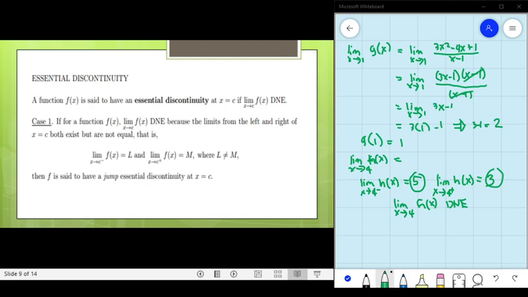That is, the limit of f of x as x approaches c from the left is L, and the limit of f of x as x approaches c from the right is equal to M. So L is not equal to M. So we can say that f is said to have a jump essential discontinuity at x equals c. So this case is what we call a jump essential discontinuity.